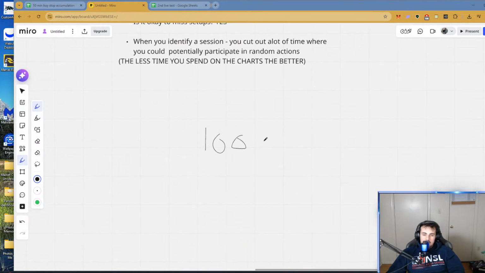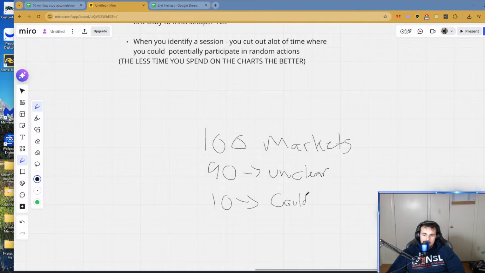100 markets, come to the conclusion that 90 of them are unclear. 10 of them could set up.